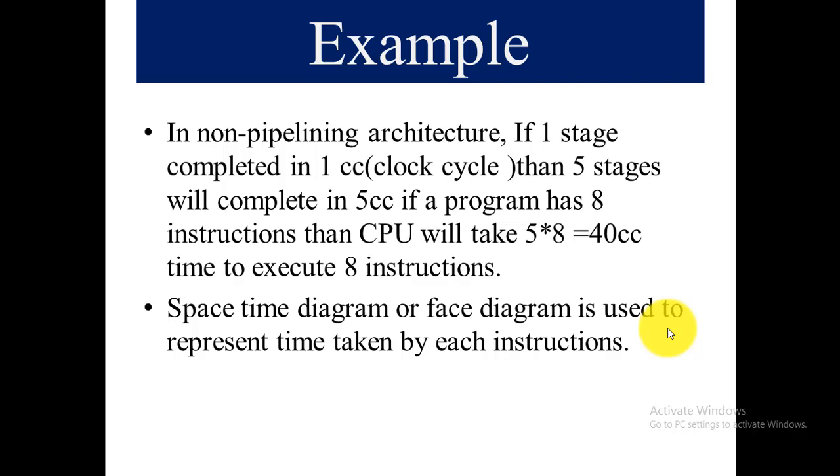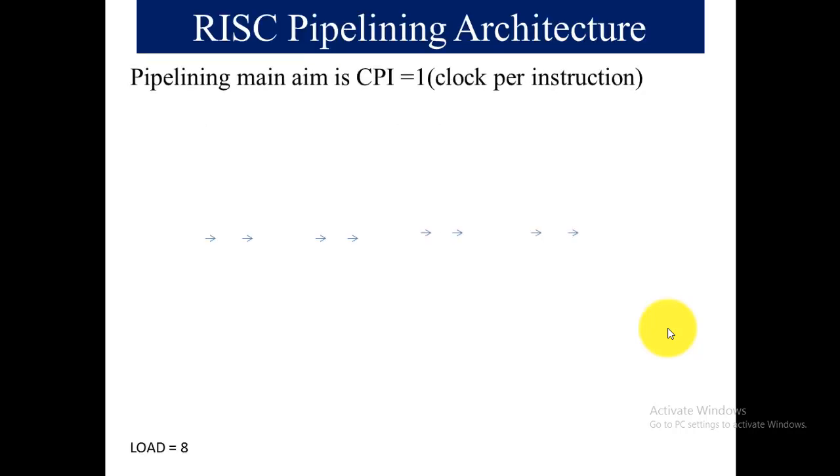But in RISC, if we use pipelining architecture, how much time will it take? This is the main aim of pipelining, that CPI must be equal to 1. It means clocks per instruction: each instruction is executed per clock cycle.